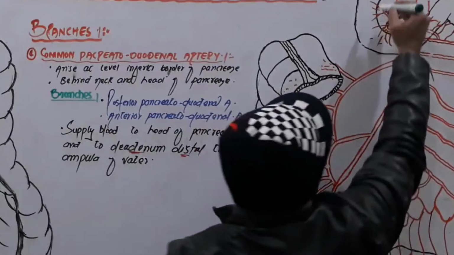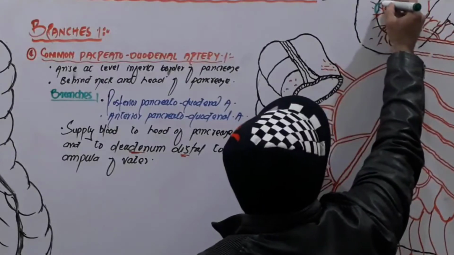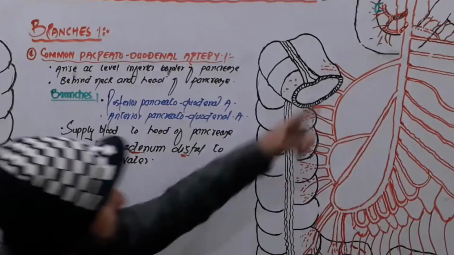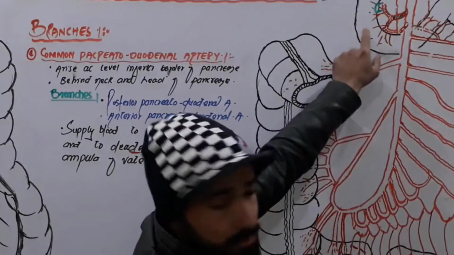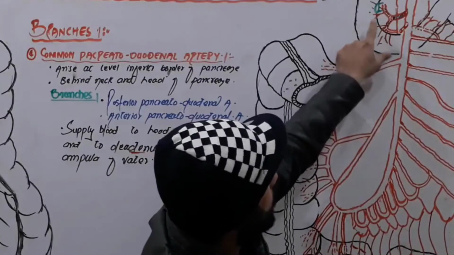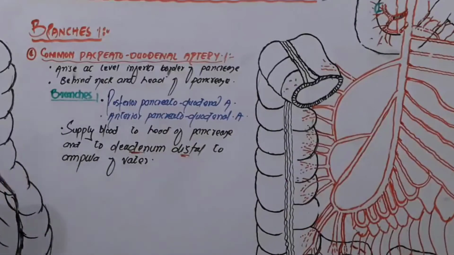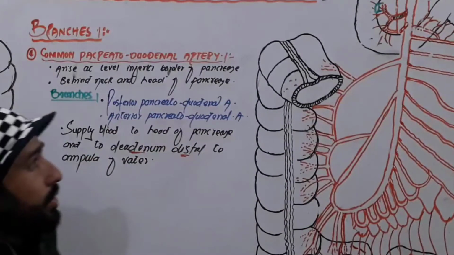So here will be our ampulla of Vater. This is the part where the pancreatic duct opens into the duodenum. So the distal parts of the duodenum, distal to the ampulla of Vater, are supplied by this common pancreato-duodenal artery.